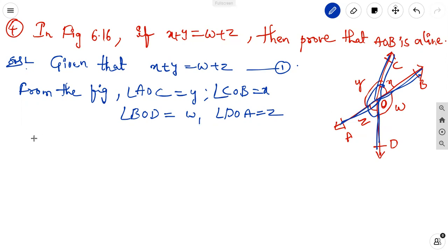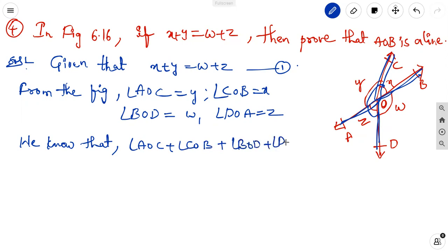Okay. From this, we know that when it is complete, angle AOC plus angle COB plus angle BOD plus angle DOA equal to 360 degrees. Why?